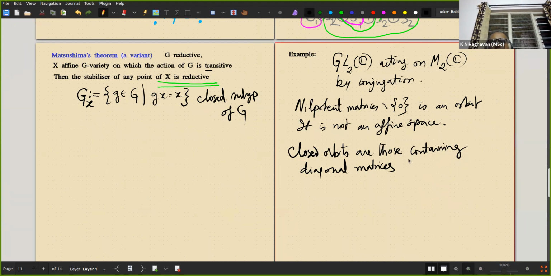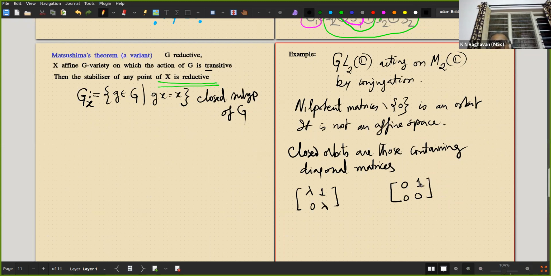And then what is left in M_2(C)? You have non-diagonal matrices, and by Jordan canonical form, they look like this. You can take lambda to be 0. Let's just concentrate on lambda equal to 0. For the lambda non-zero case, it works similarly.